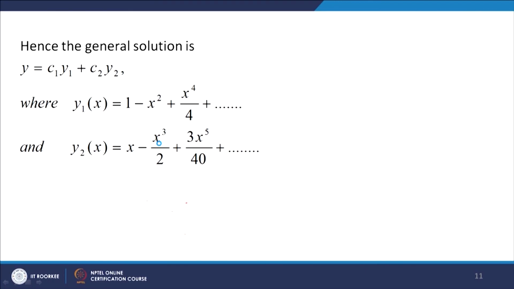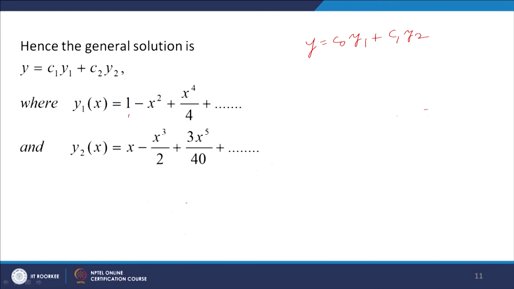So y equal to C0 y1 plus C1 y2, where the coefficient of C0 is y1x, 1 minus x square plus x4 by 4, and the coefficient of C1 is y2x, x minus x cube by 2 plus 3x to the power 5 by 40 and so on.